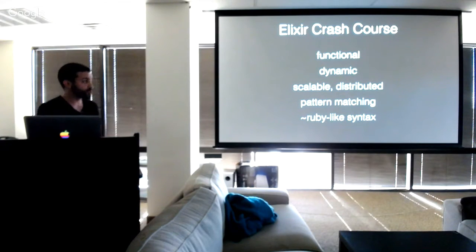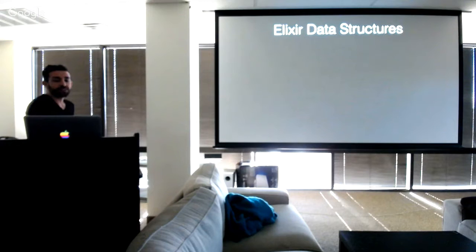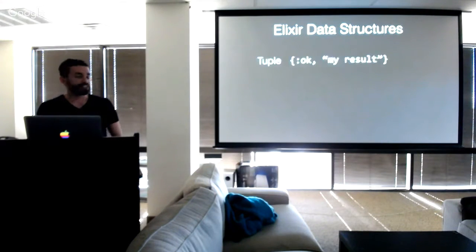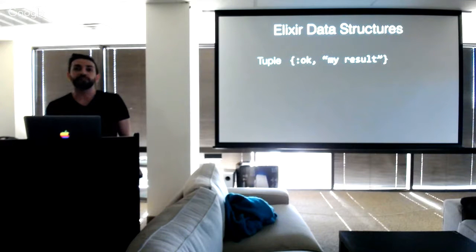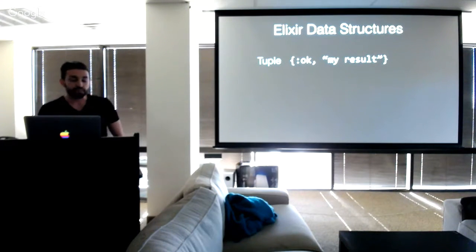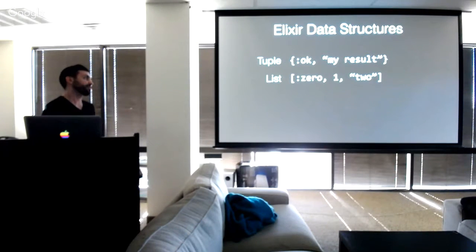We'll go over a few Elixir data structures. These are not all of them, but they are many of them that we'll be looking at today. There are tuples, collections of elements. These are used everywhere in Elixir, especially to return results, whether something was okay and then its result status. They're used a lot in message passing between processes. There are lists or arrays.